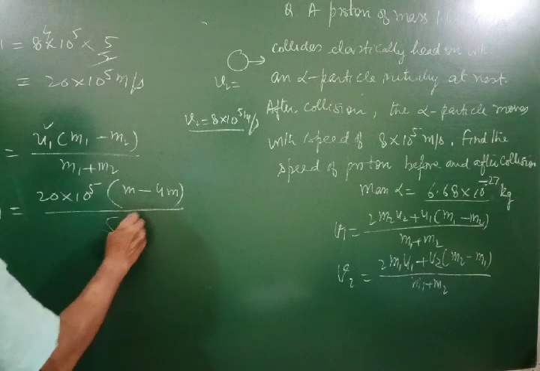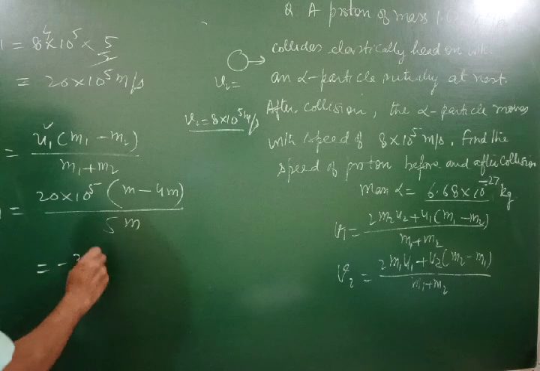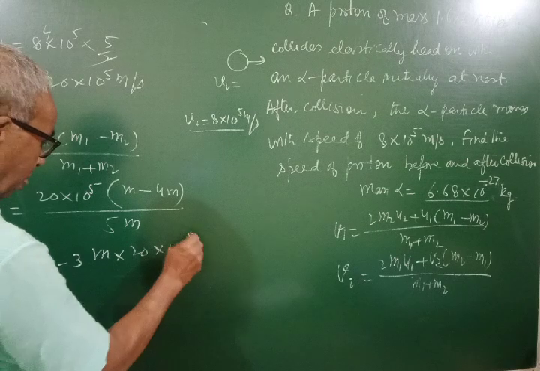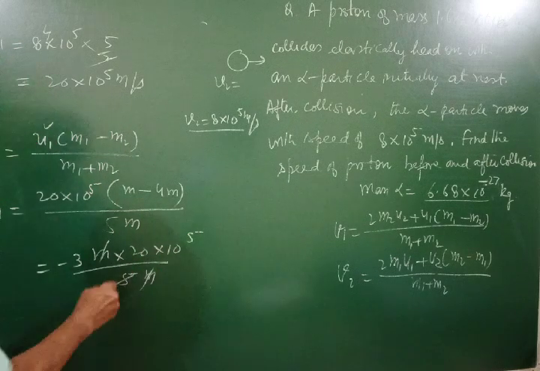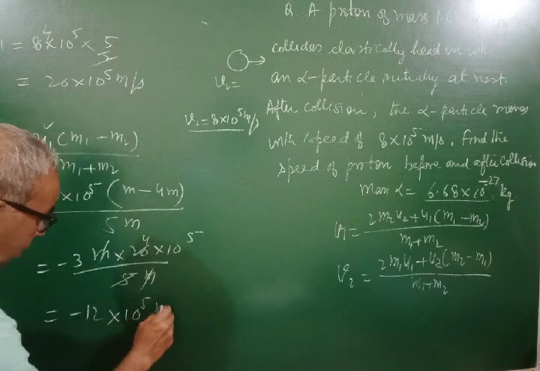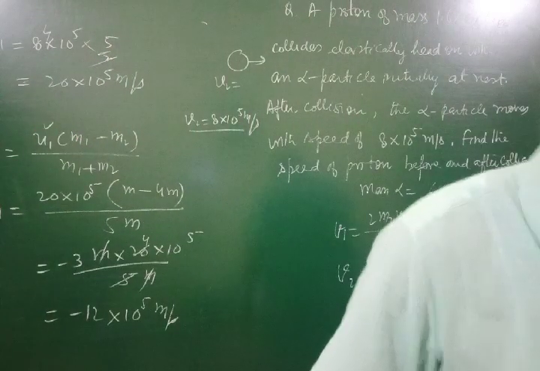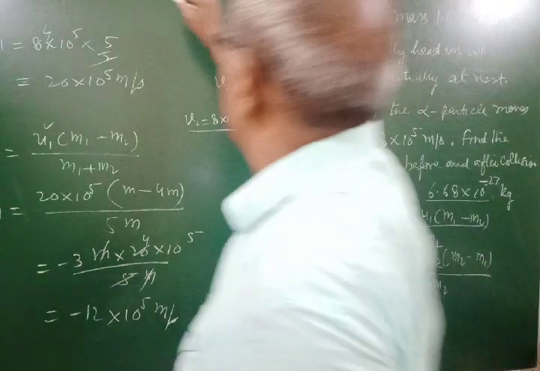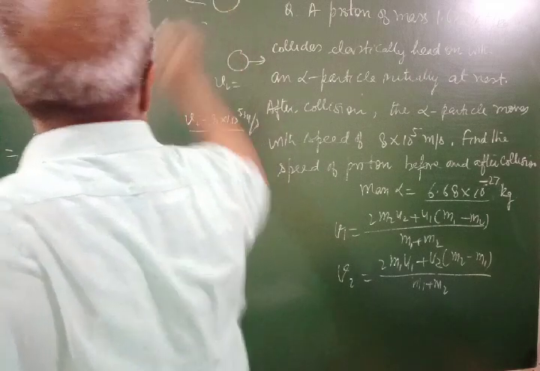So m plus 4m is 5m, and the numerator is minus 3m into 20 × 10^5 upon 5m. m cancels, 4 remains, so it is minus 12 × 10^5 meters per second. It means the proton will go back after collision. Look, the proton collided with something that had 4 times the mass, so after collision it will go back.